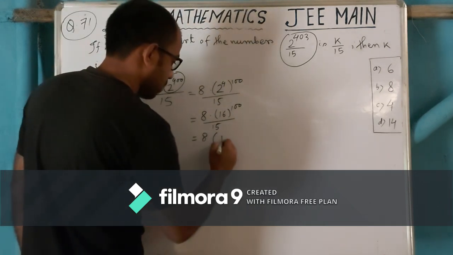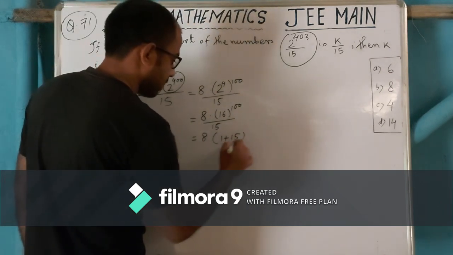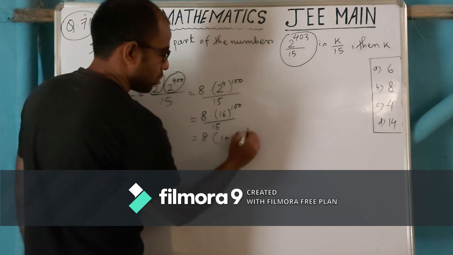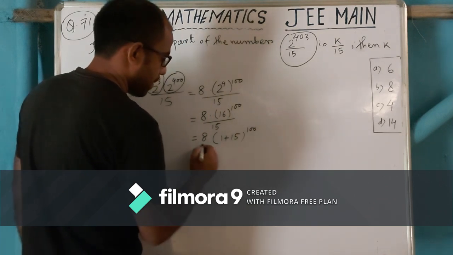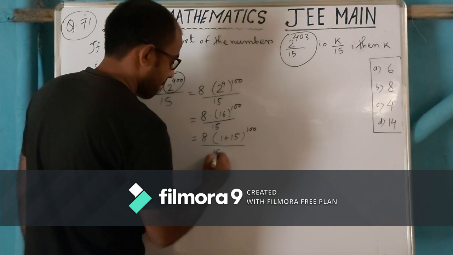We can write 16 as 1 plus 15, so 8 into (1 plus 15) to the power 100 by 15.